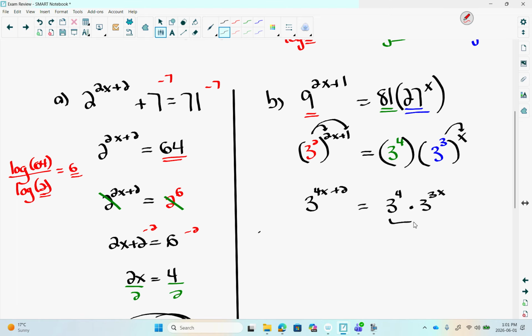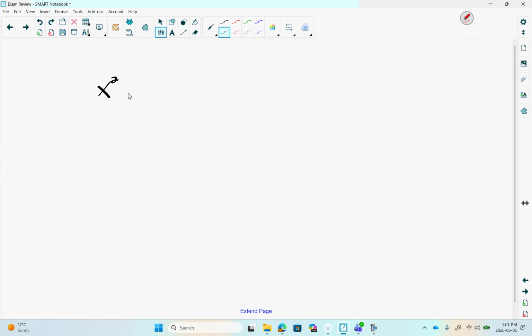What do I do with these? What's the rule when you multiply powers with the same base? Like I said to you, what's x squared times x to the 5th? Yeah, you write your base down again, you add the exponents, and you get 7. So in my situation, I have 3 to the 4th times 3 to the 3x.